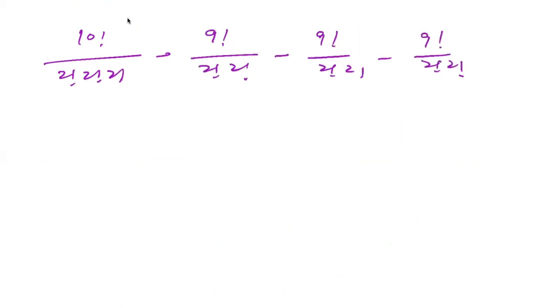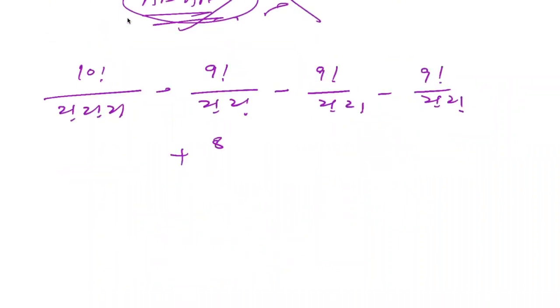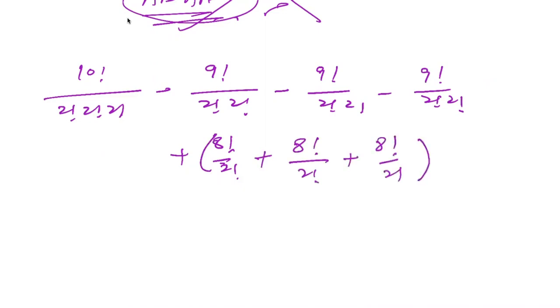So total is factorial 10 by factorial 2, factorial 2, factorial 2, minus 9 by factorial 2, factorial 2, minus 9 by factorial 2, factorial 2, minus 9 by factorial 2, factorial 2, plus two A's as well as two B's together, again two B's, two C's together, two C's, two A's together, minus all A's and B's and C's together, right?